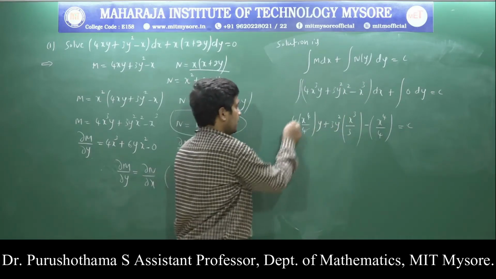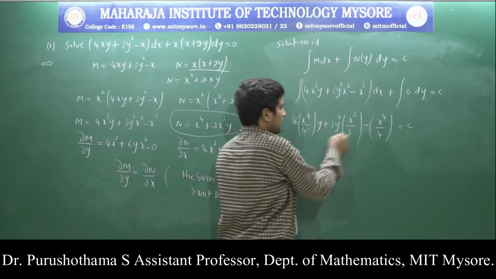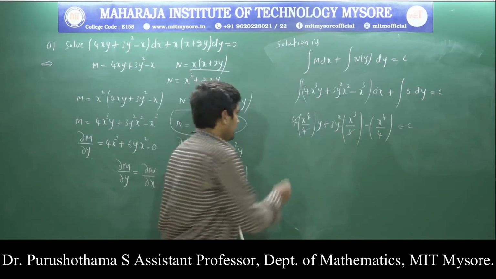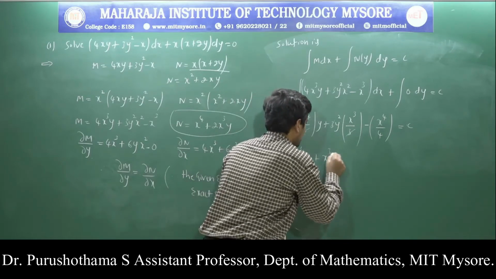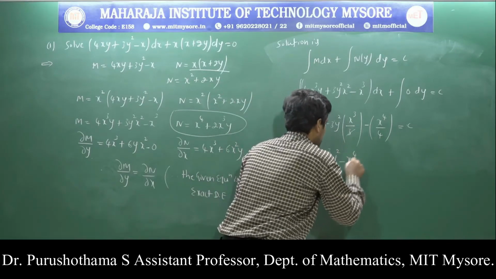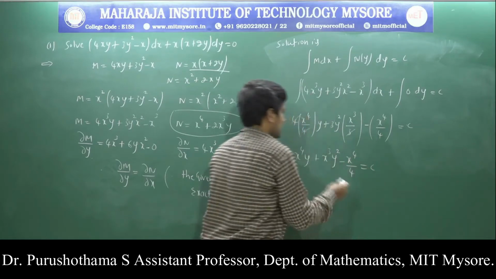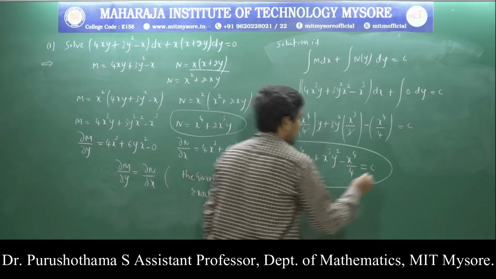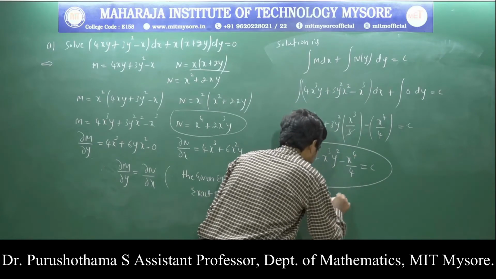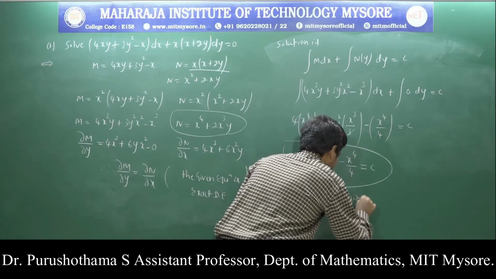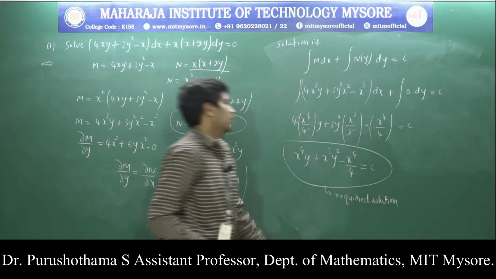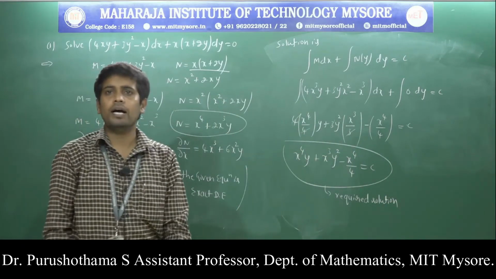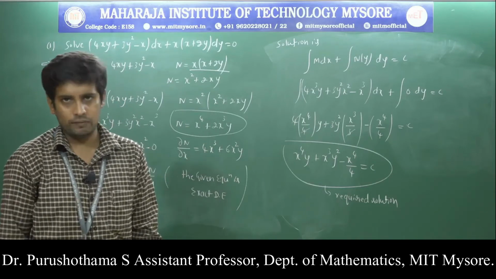In the next line the 4 and the 3 cancel, and the remaining terms are x to the power 4 into y plus x cubed into y squared minus x to the power 4 by 4 is equal to c. This is the required solution of the given differential equation.